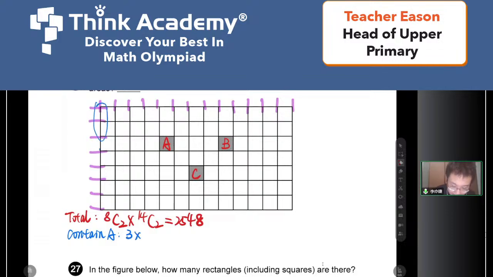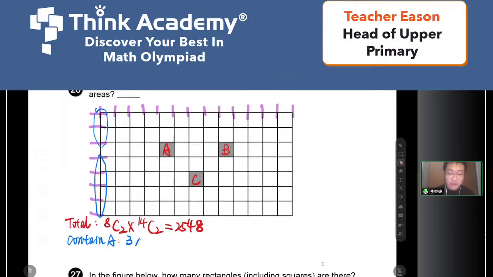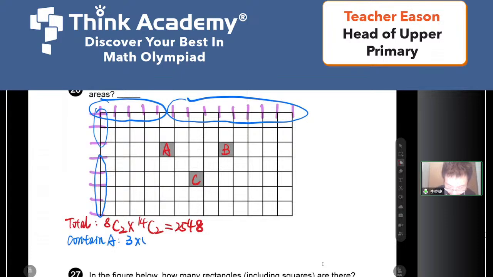And the bottom length should be below this A, which we have 5 choices. And for the width, it's the same. The left side should be on the left of A, and the right side should be at the right of A. So it's 3, 5, 5, 9. So this is 675. So for those rectangles that contain A, the total number is 675.